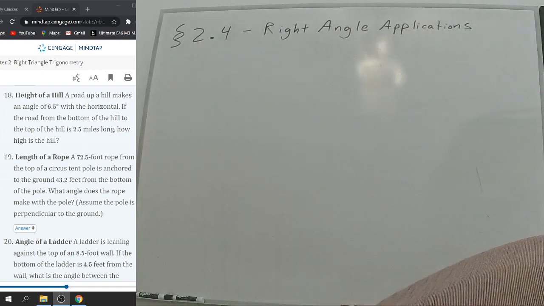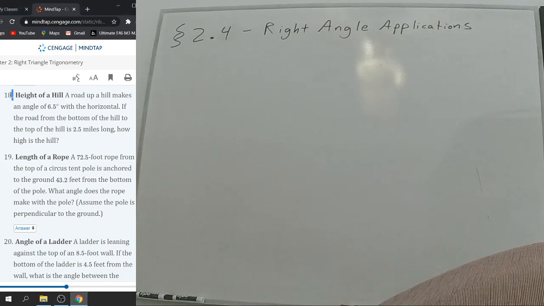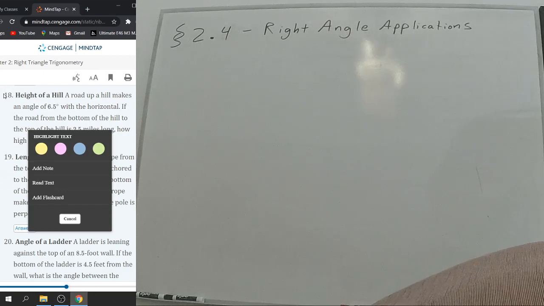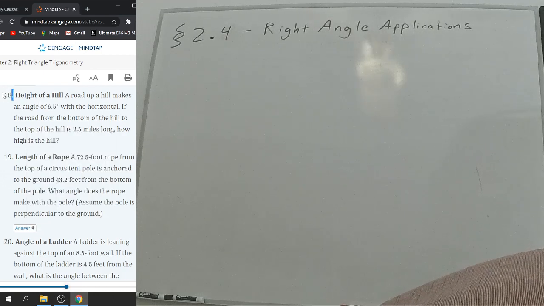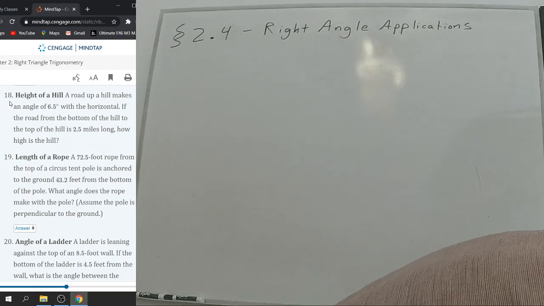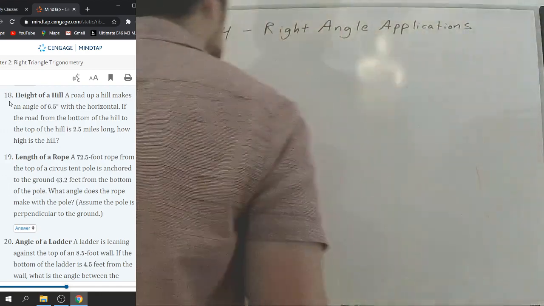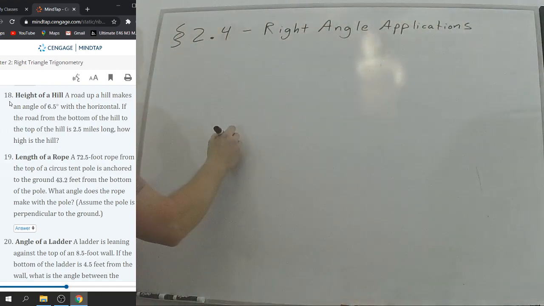Number 18 asks for the height of a hill, and it says a road up a hill makes an angle of 6.5 degrees with the horizontal. If the road from the bottom of the hill to the top of the hill is 2.5 miles long, how high is the hill? So picture this.